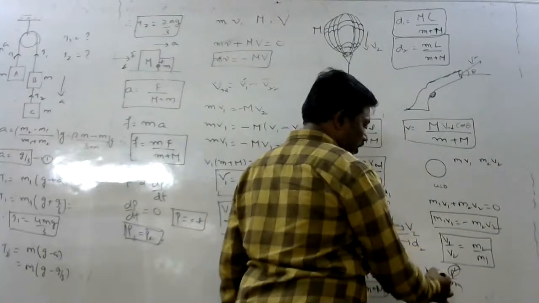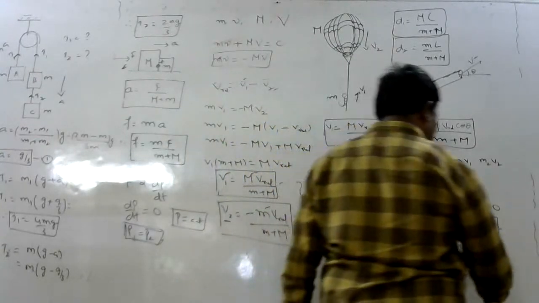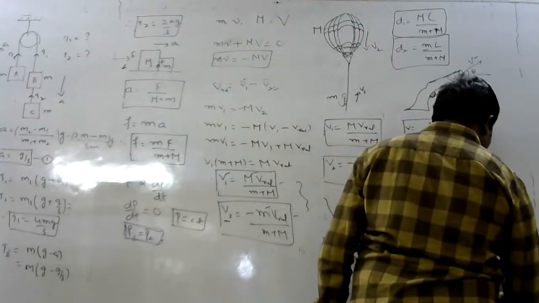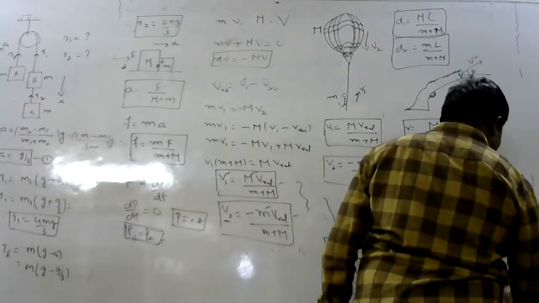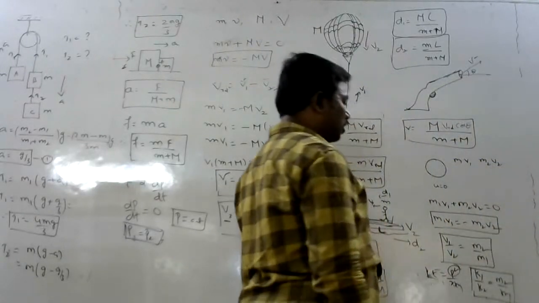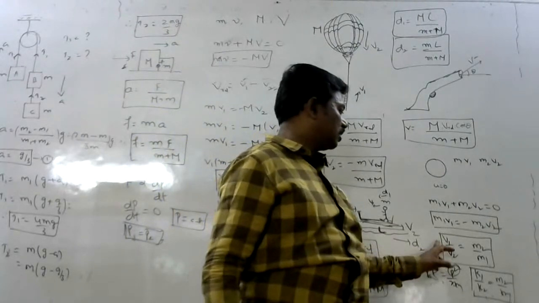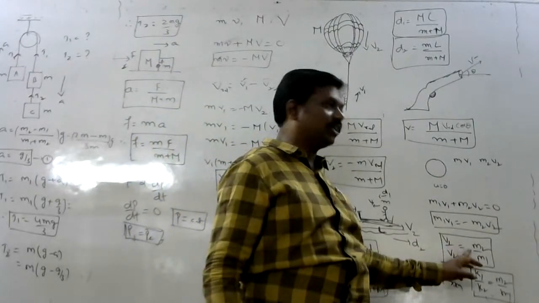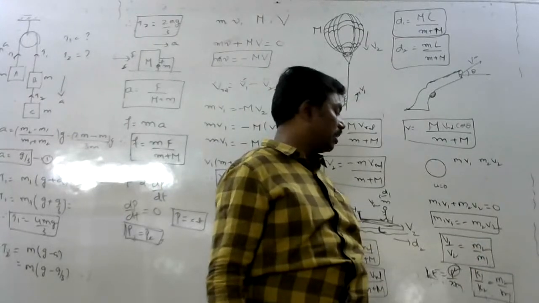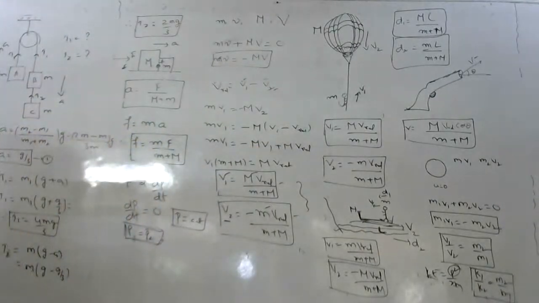Here P is constant, so kinetic energy is inversely proportional to mass. So K1 by K2 is equal to m2 by m1. Here velocity is also inversely proportional, v1 by v2 is equal to m2 by m1.